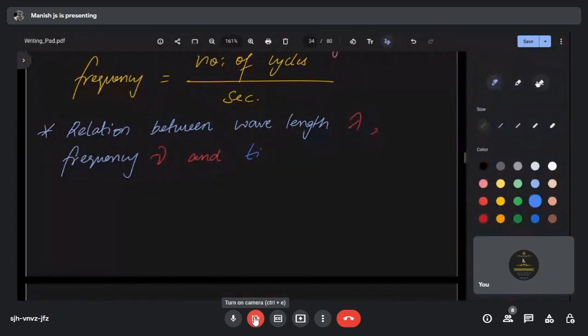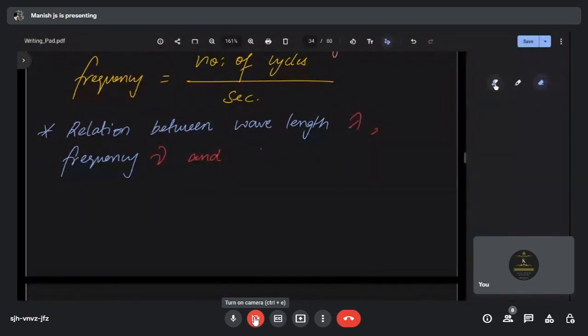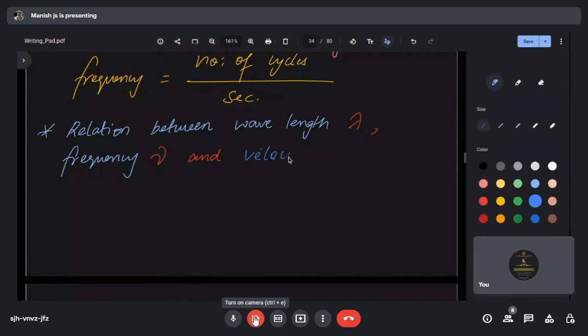Okay, and time period and speed also we can take, and velocity. So for velocity we will use here a different letter. So we will take velocity as c, where c is the speed of light. ஓகேங்களா?